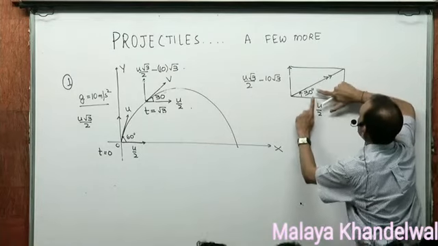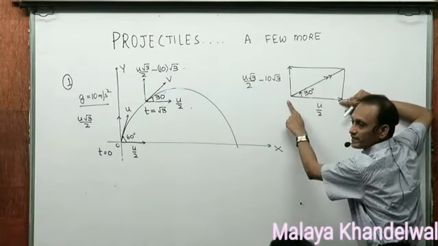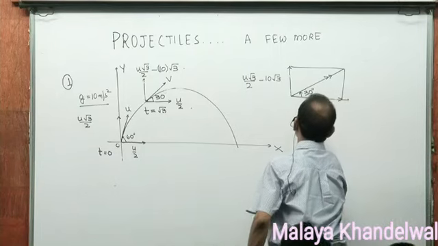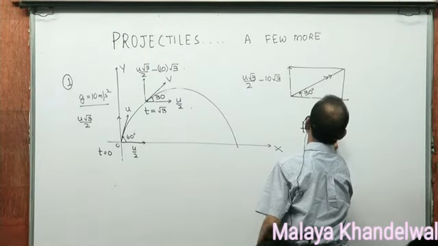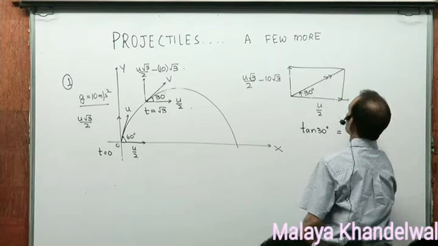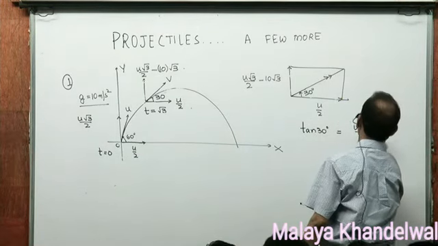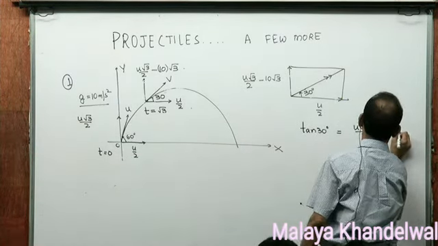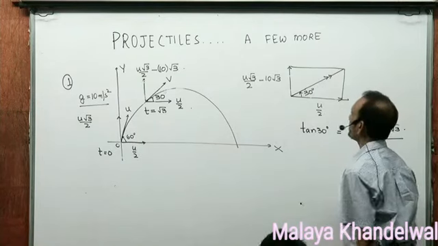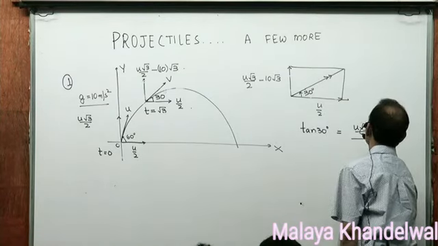Very clearly, tan 30 degrees would be this length by this length. So tan 30 degrees would be u root 3 by 2 minus 10 root 3 divided by u by 2.